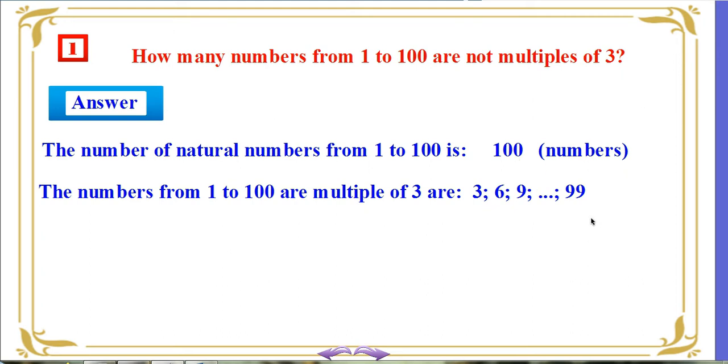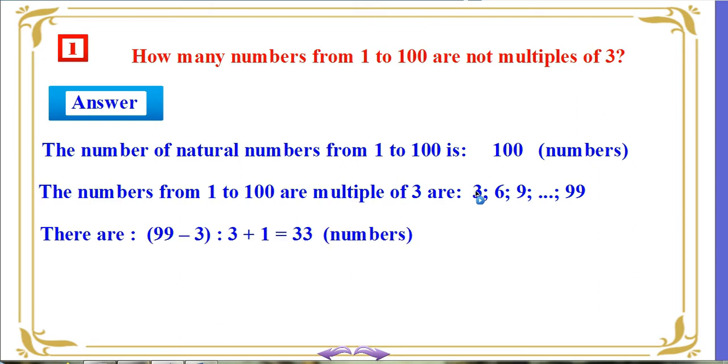We take the maximum number, 99, subtract the minimum number, 3, and then divide by the distance between adjoining numbers here, which is 3. And then plus 1. You have the result of 33 numbers. This is the count of numbers from 1 to 100 that are multiples of 3.